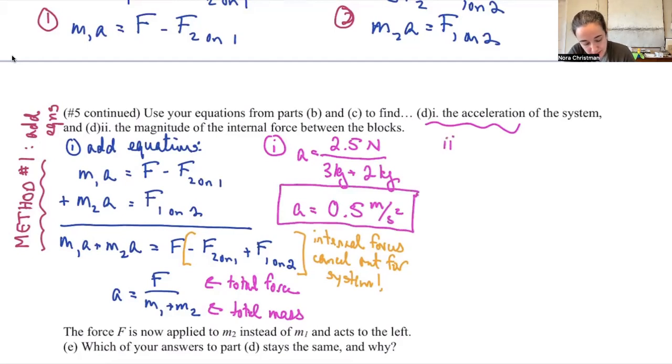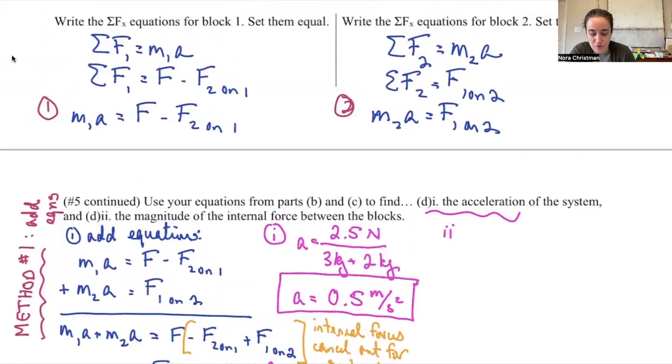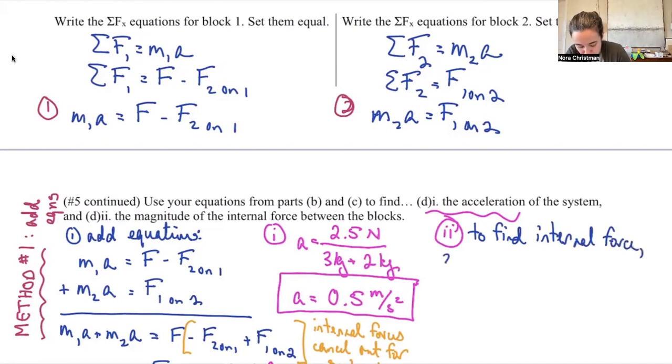All right, now we are ready to find the magnitude of the internal force. So now that we know the acceleration, we can plug into equation 1 or equation 2. Since equation 2 is simpler, I'll choose that one. So how I'd say this is we're zooming in.